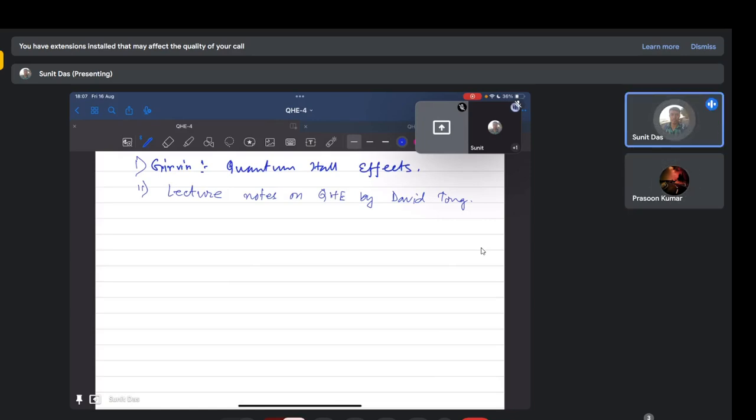The concept of the tight binding model itself is a very deep topic, and I highly urge you to read the Ashcroft Mermin book.